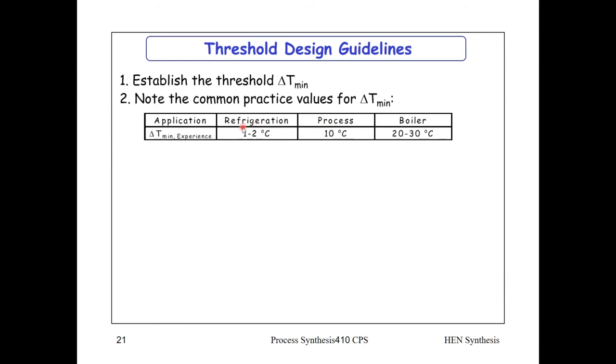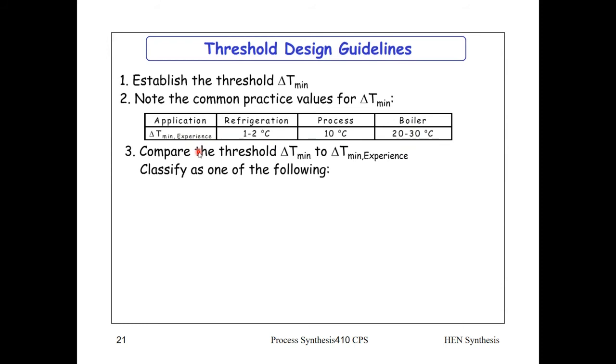As soon as you've got refrigeration, then you want to keep it very low because of the cost of refrigeration. And when you've got a boiler, you've got air heat transfer, and therefore you need a bigger delta T min. So that is just delta T min from experience.